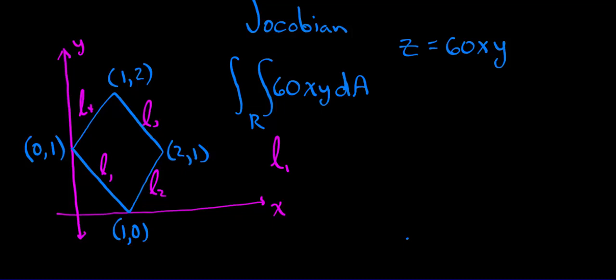So we're either going to fix x and have y go from line 1 to line 4, or fix y and have x go from line 1 to line 2. We're thinking about how we are going to go through this region. Now, if you look at line 1, that's going to be y equals negative x plus 1, right? That's the formula for that line.